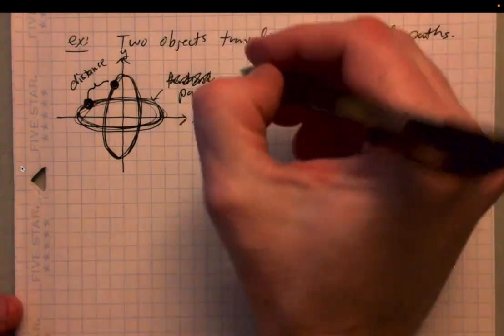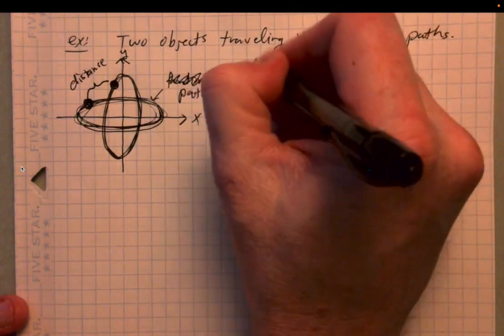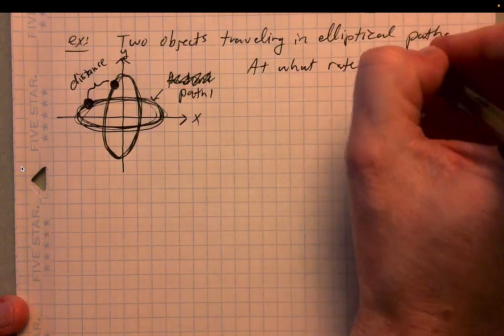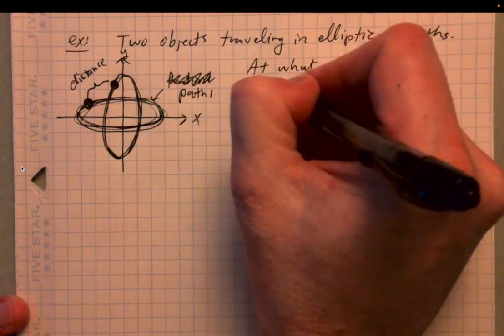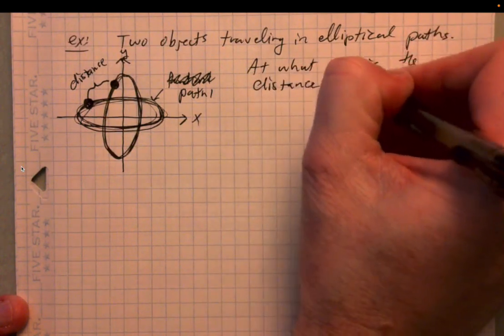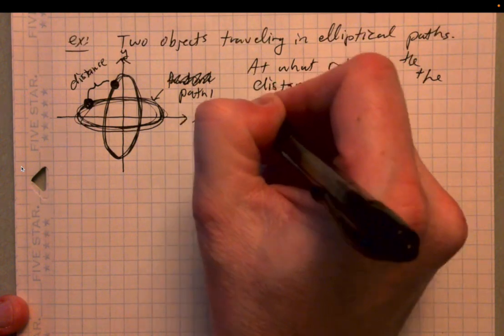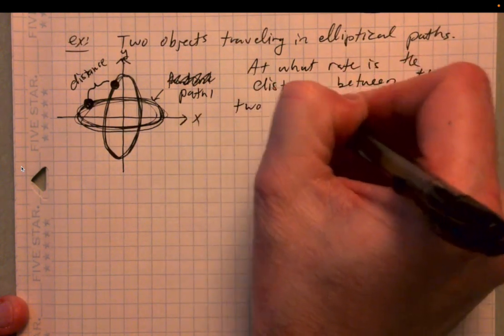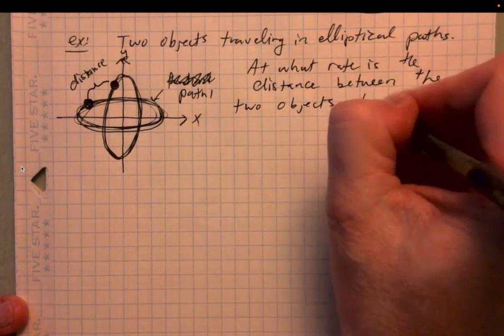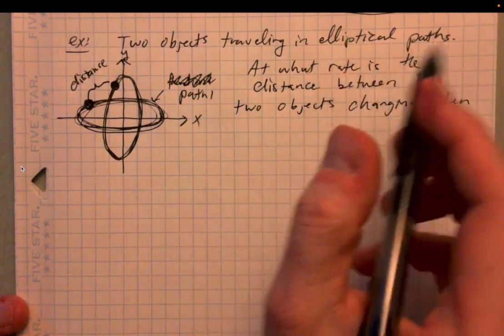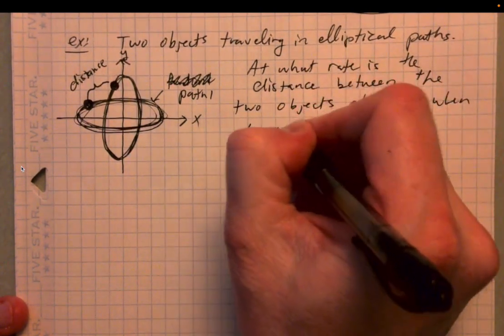So what we want to identify is at what rate is the distance between the two objects changing when, and we'll just say, t is equal to pi.